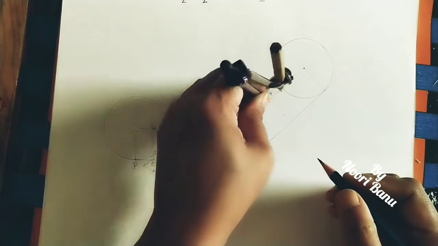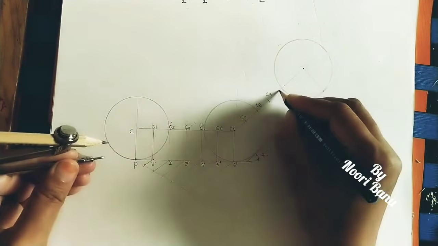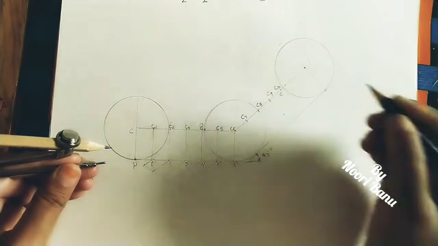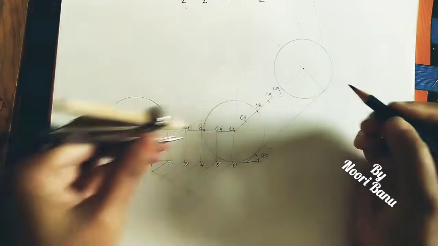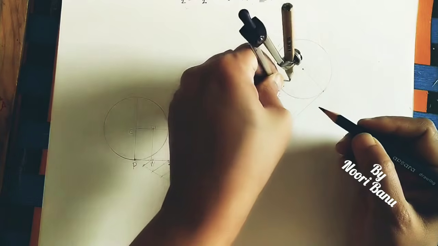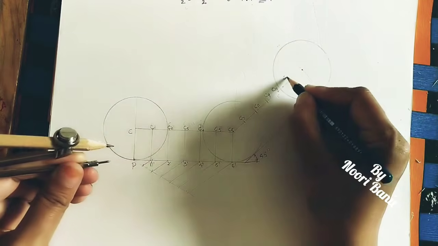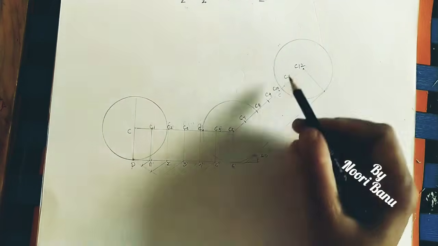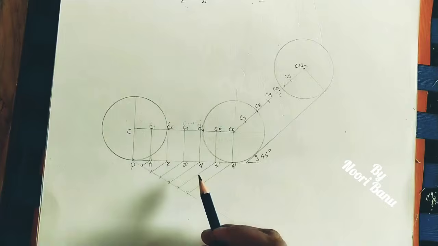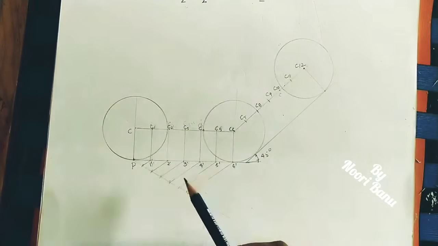C9 as center, mark here C10. C10 as center, mark C11, and the last one is C12. Here also we took 6 equal divisions for centers. Here we have divided this center line into 12 equal divisions.